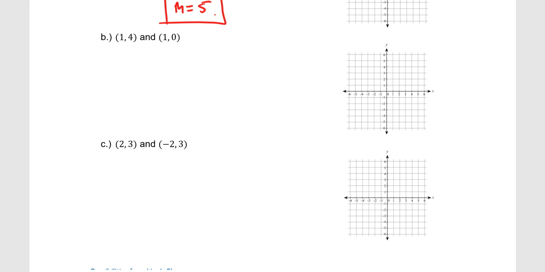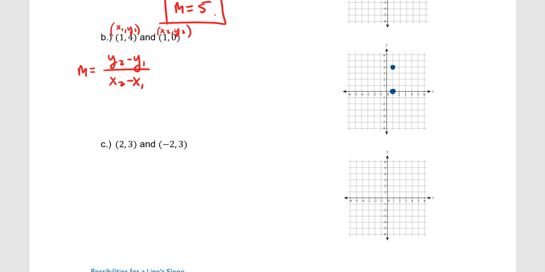Next one, we have 1, 4 and 1, 0. So plotting these, that would be right here and right here. So this is a vertical line if we connected these. So we should have an idea of what the answer is going to be. Let's go ahead and just calculate it. So once again, let's let the first one be x1, y1. Second one can be x2, y2.